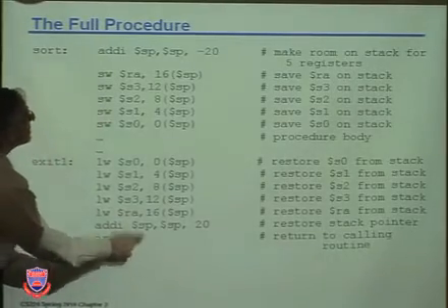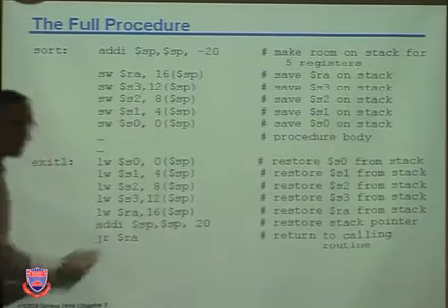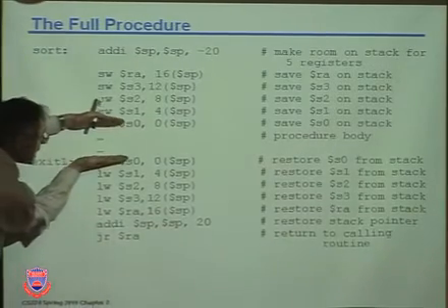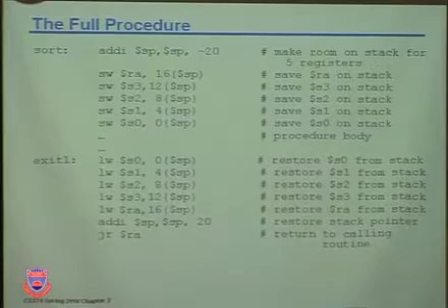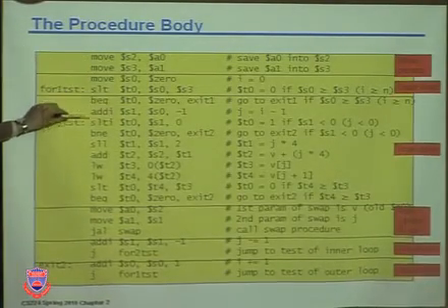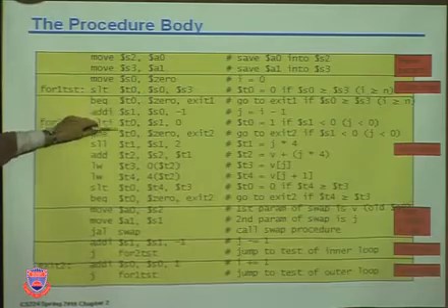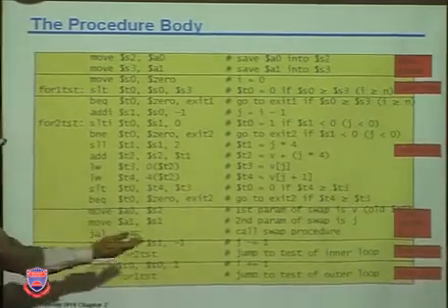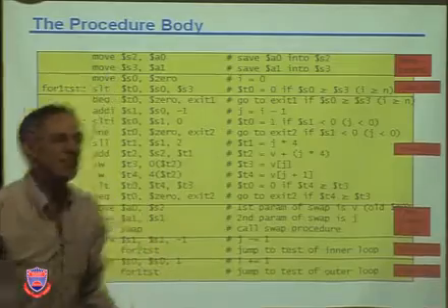Well, let me ask you, do you see anything here which changes the value of the RA register? Look down here. Yes, JAL. When you jump and link, you destroy the value in the RA register.